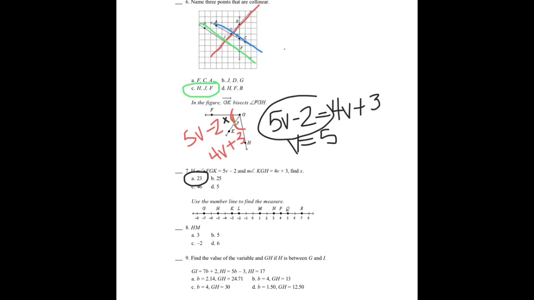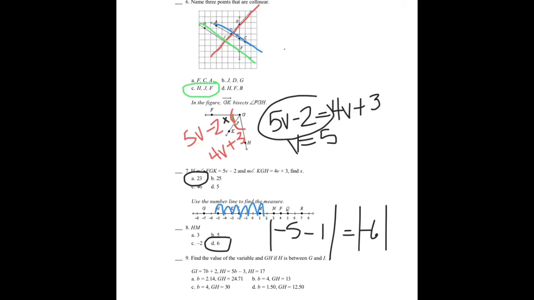We're going to use the number line to find the measure of segment HM. If I remember the formula, I do the distance, -5 minus 1. That becomes -6, which is actually the absolute value, or +6. But I saw a lot of you on your homework just counted 1, 2, 3, 4, 5, 6.